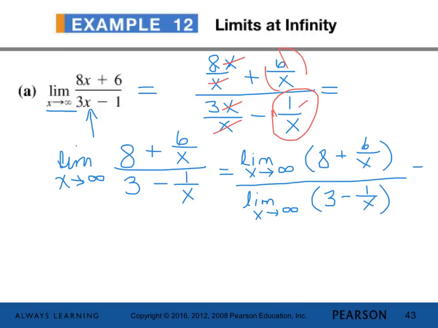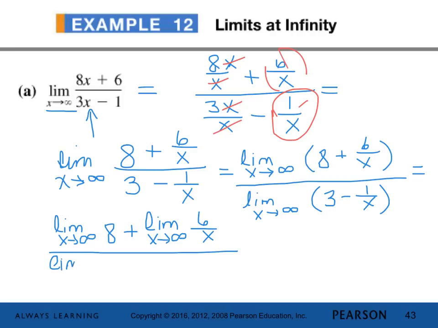And then again, by the properties of limits, that becomes the limit as x approaches infinity of 8 plus the limit as x approaches infinity of 6 over x, all divided by the limit as x approaches infinity of 3, I'm sorry, not plus, minus the limit as x approaches infinity of 1 over x.